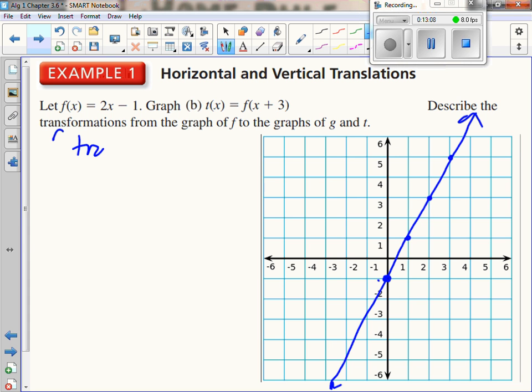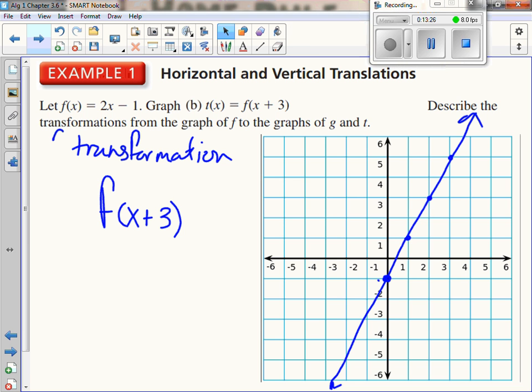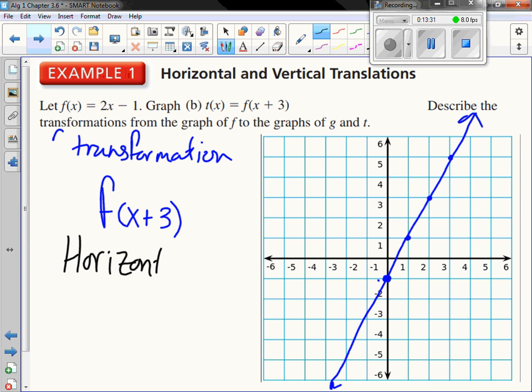Now our transformation. We're talking about f of x plus 3. Would this be a horizontal translation or a vertical translation? Horizontal, because the number is inside the parentheses. If the number is inside the parentheses, it is horizontal.